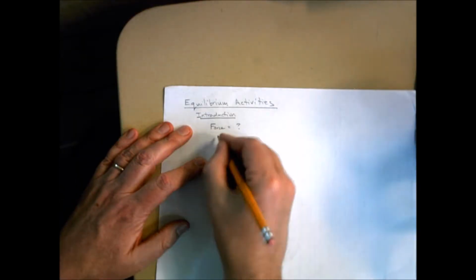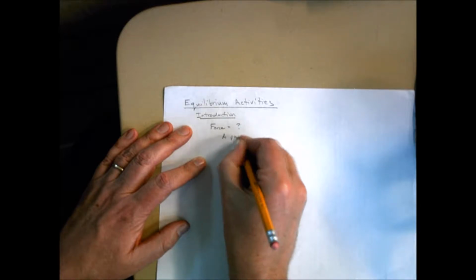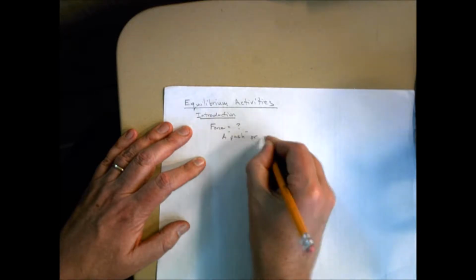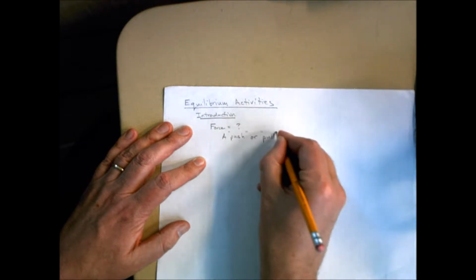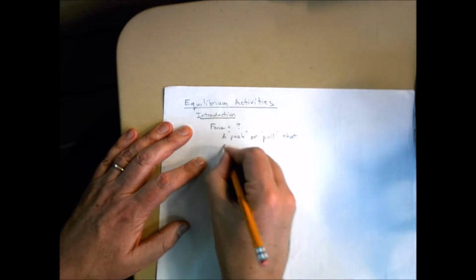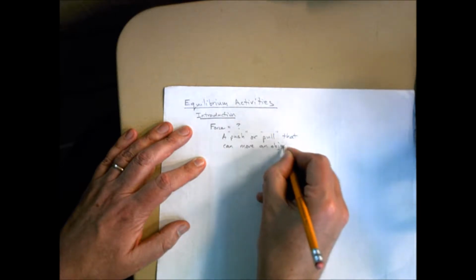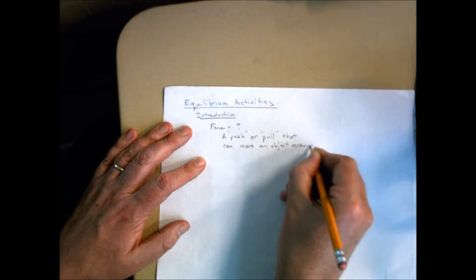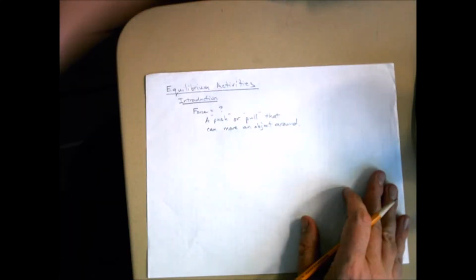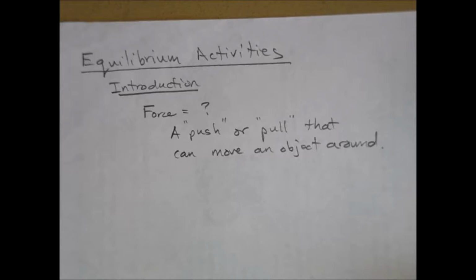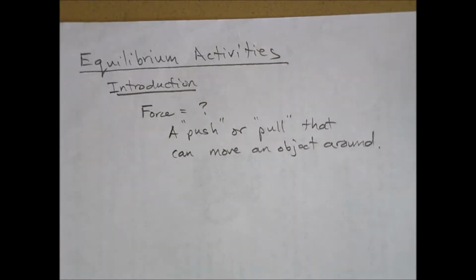A force is a push or a pull that can move an object around, or change the motion of an object, however you want to put that. Let me zoom in so people can read it. All right. I'm going to be zooming in and out a lot with this.